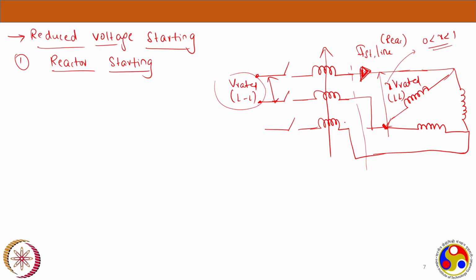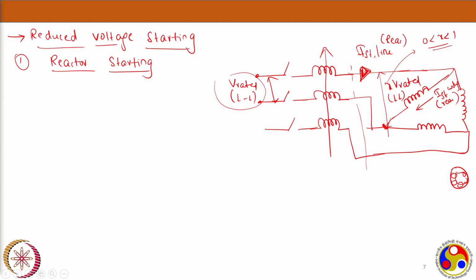So now we are interested in calculating this starting current, how much your winding is taking now. Previously it was taking some amount of current in the DOL starting. Because of this reactor, we will see how much. Of course you will have some rotor here, that is a caged rotor, and you will see how much starting current your windings are taking in this case.